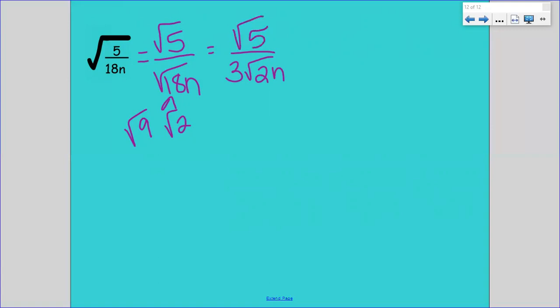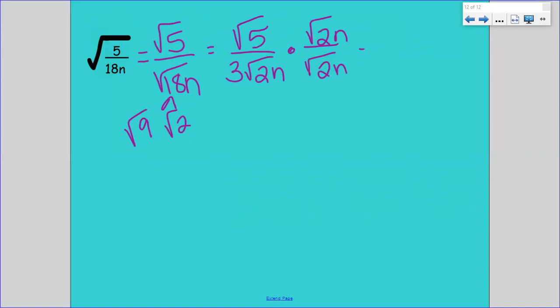Okay, I cannot have that square root of 2n there down below, so I need to multiply by only that. The square root of 2n over the square root of 2n. We know that when we multiply a square root times itself, we end up with just what's underneath.